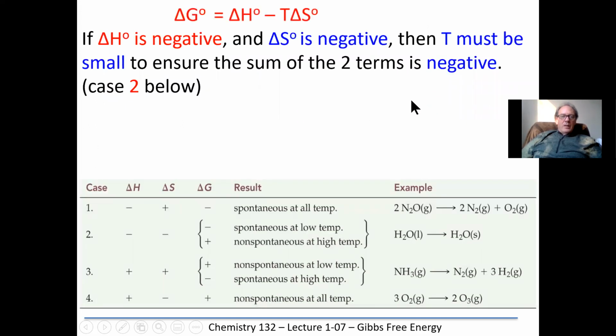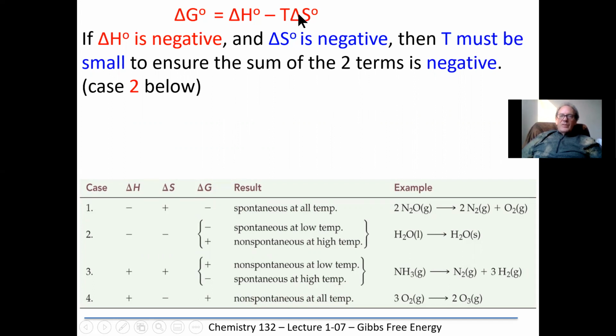Well, let's look at the opposing forces. What if delta H is negative and delta S is negative, if they have both the same? It must mean the temperature has to be small to ensure the sum of the two terms is negative. So if delta H is negative and delta S is negative, a negative times a negative is a positive.